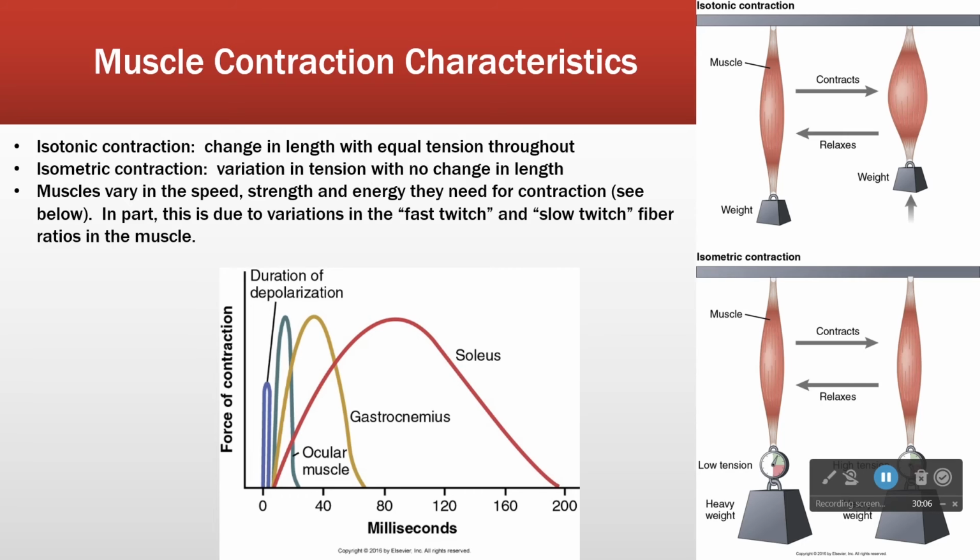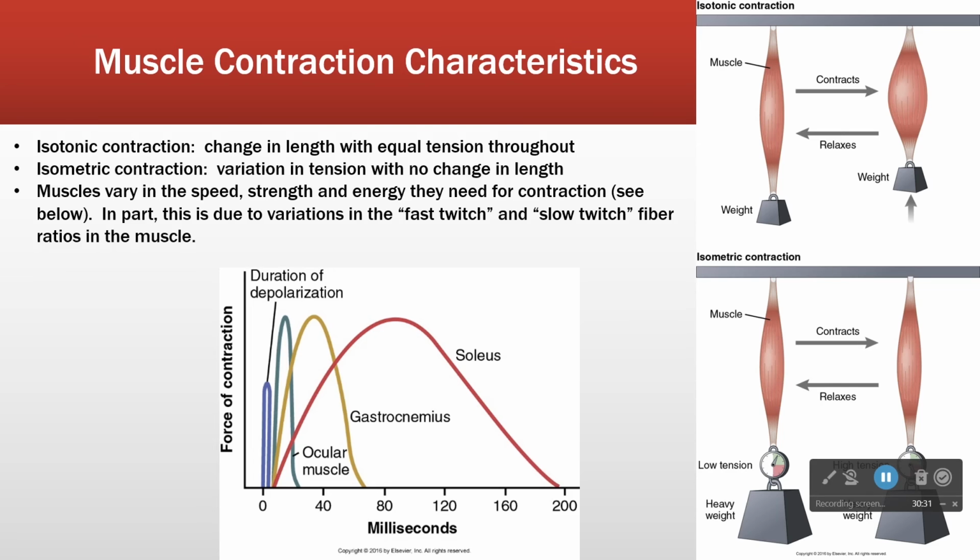A slow twitch fiber is slow to contract, but it has the ability to maintain that contraction for much longer periods of time. One of the great differences in the calf is that you have two muscles that look very similar but have very different purposes in our human existence.